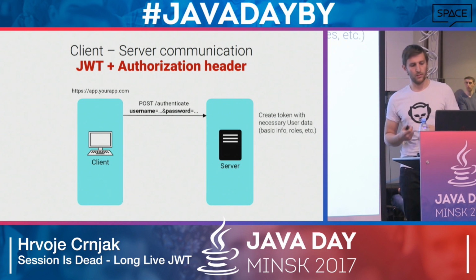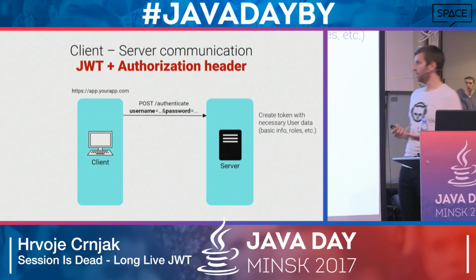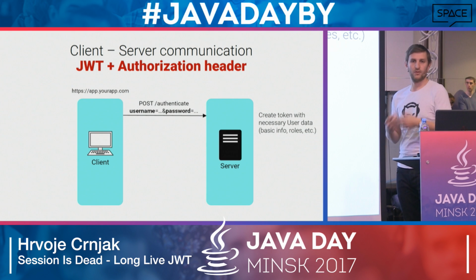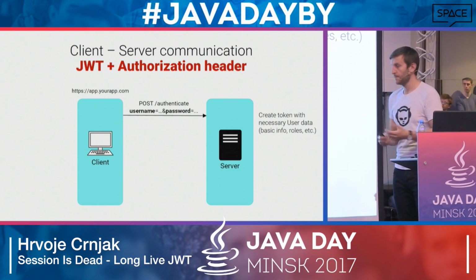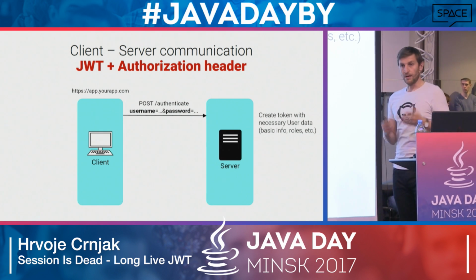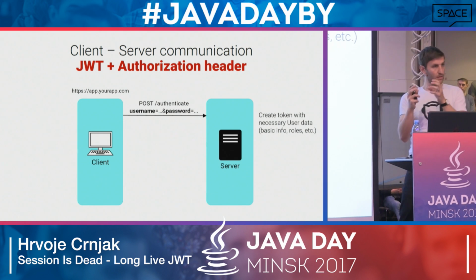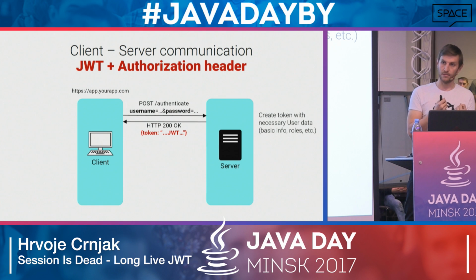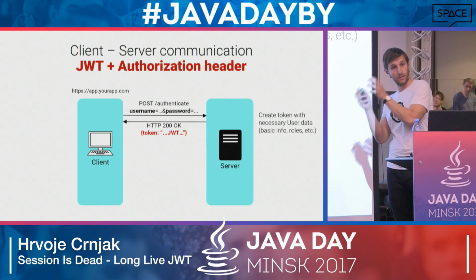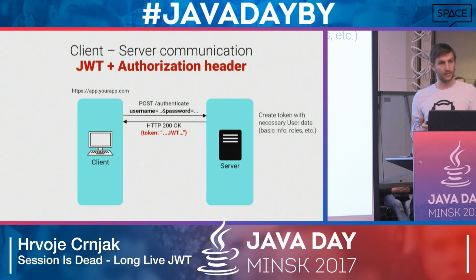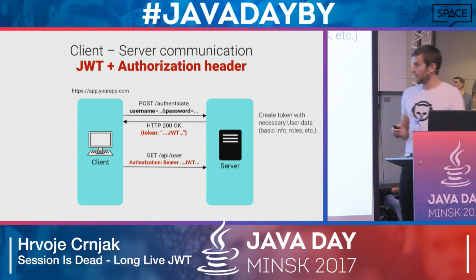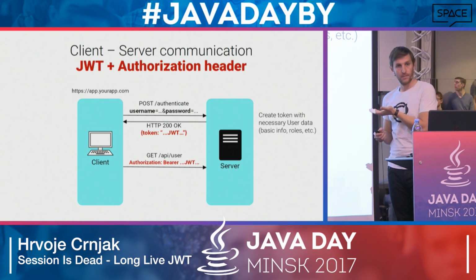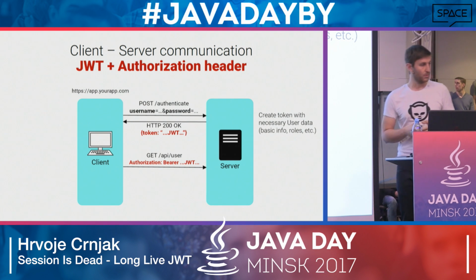So it could hold, I don't know, the user's username, the user's ID, roles, whatever is relevant to your user and to your application. But here's the interesting part. This token is not saved on the server, like with sessions. Instead, the whole token is returned to the client. Nothing is stored on the server side. And then on the next request, the client will send this token back to the server. Usually, the authorization header is used.